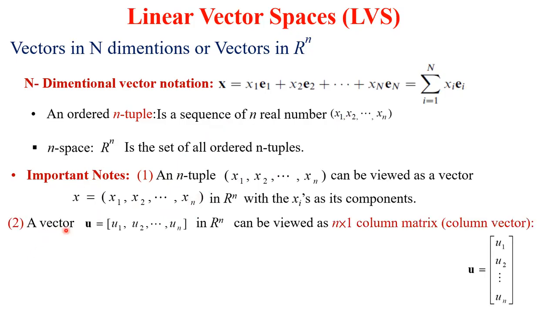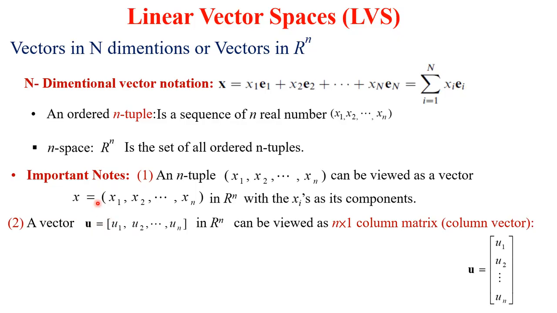Similarly, suppose you have an n-dimensional vector u with components u1, u2, up till un, and this is a part of the n space, or this vector belongs to n space. Now this is one representation. We can use these brackets, these curly brackets, or these big braces.